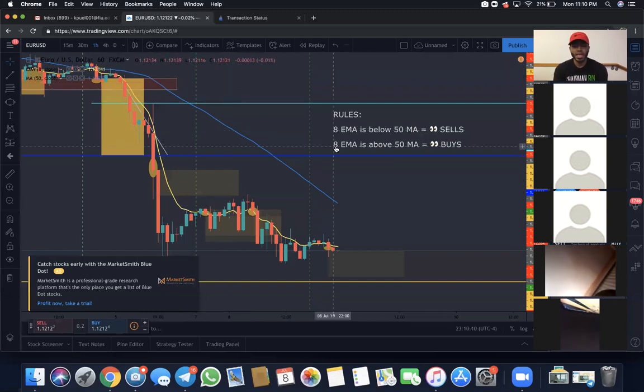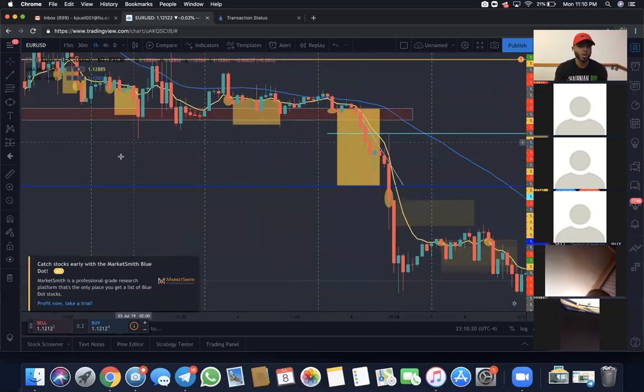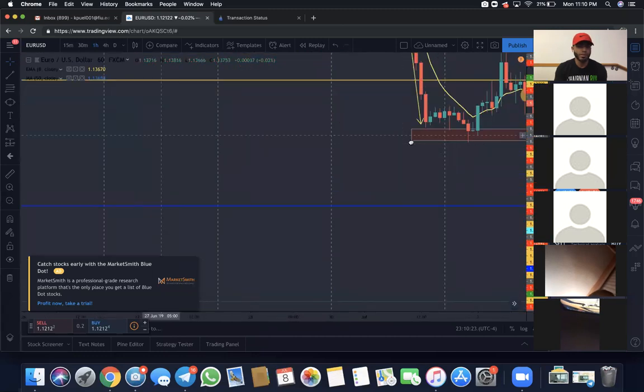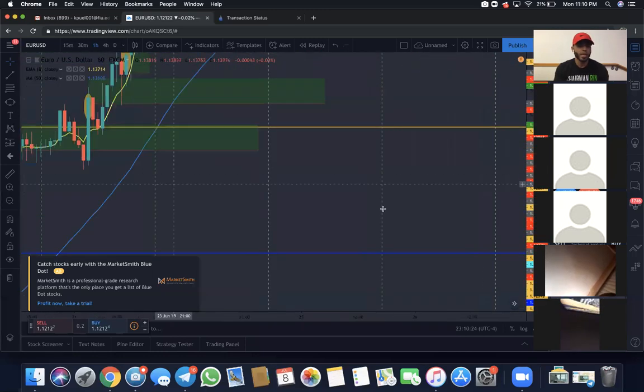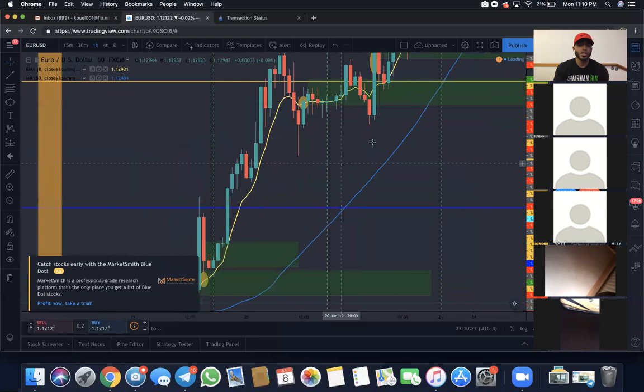Now, in the instance that the 8 EMA, this yellow line, is above the 50, look at an example where the market is, if I keep looking towards the left, like here, in an upward trend. It's trending upward.